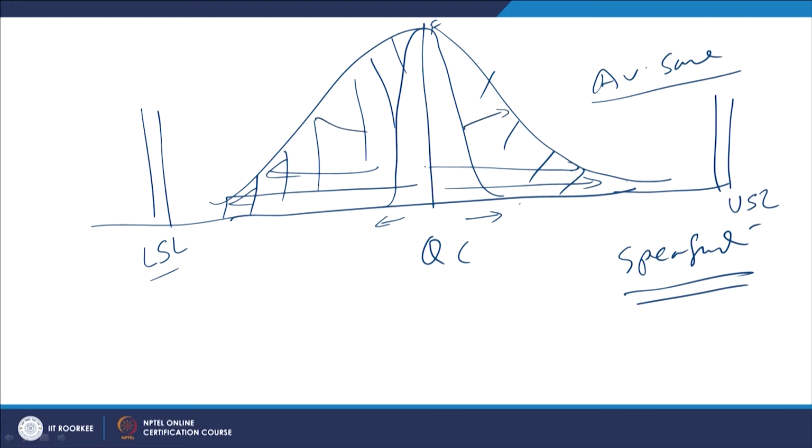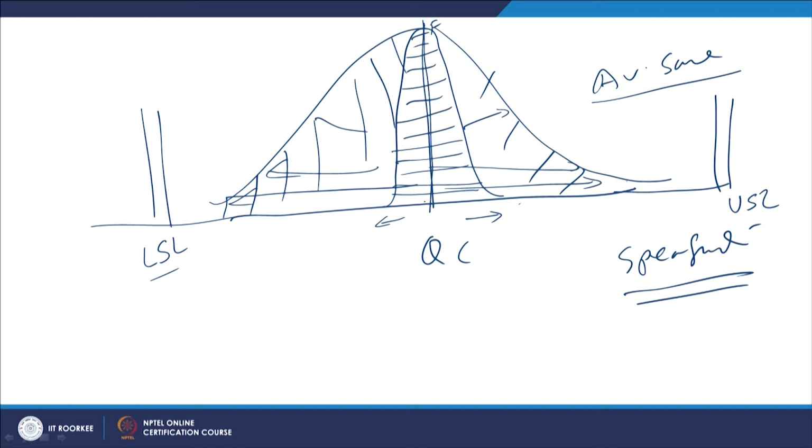But in the first case, most of the values are centered near the average. So, the variability in the quality characteristic is very limited. The dimensional features or the quality characteristic feature is very closely controlled.